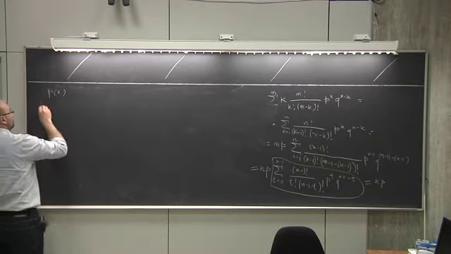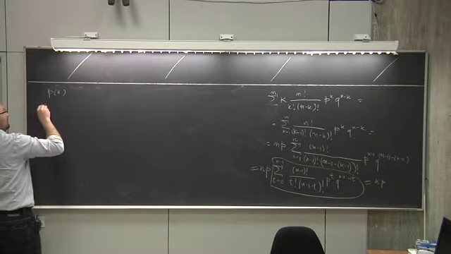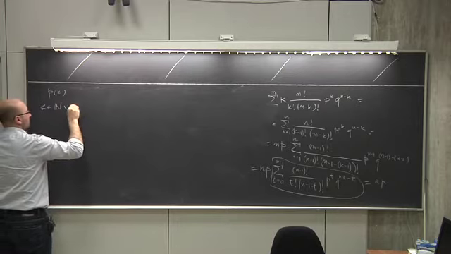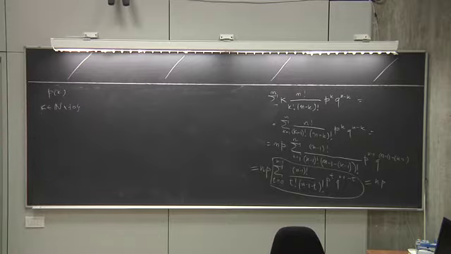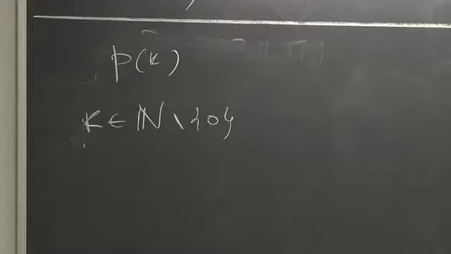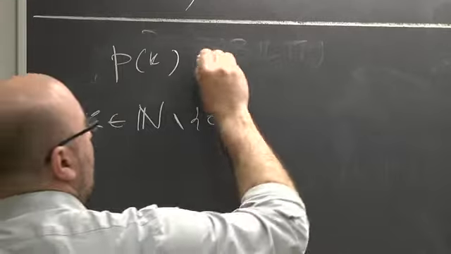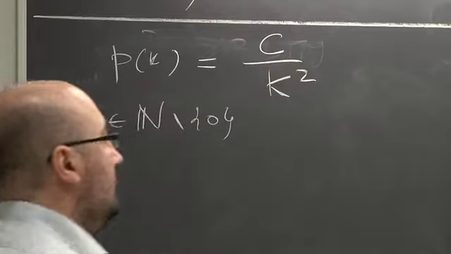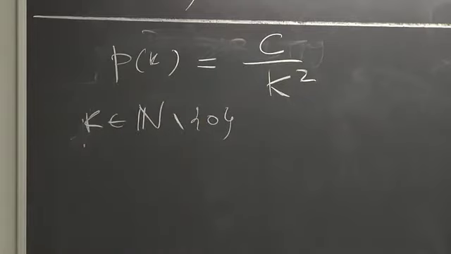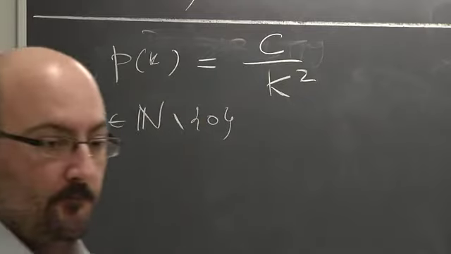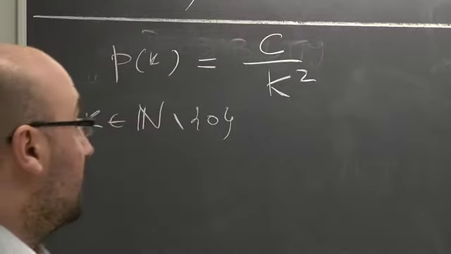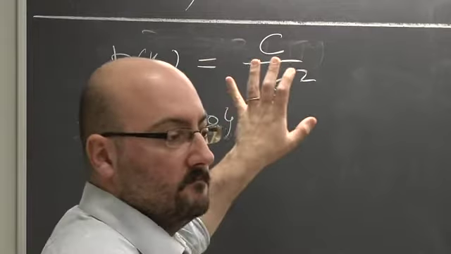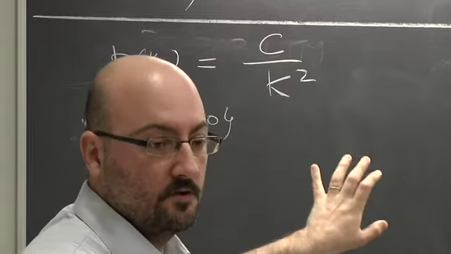So k is any integer, except maybe 0. Let's say any integer except 0. And P of k is inversely proportional to k squared. So first of all, now I want to understand how this probability distribution behaves.